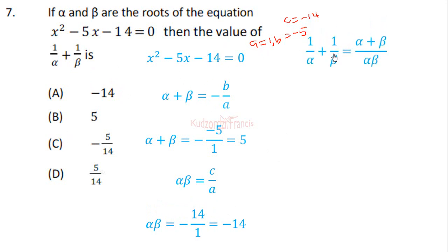We need to collect LCM, which is alpha beta, then we add to get this. Now the next thing we do is substitute alpha plus beta, which is 5, and alpha beta, which is negative 40, and we have this result as our answer. Therefore, the correct answer will be option C.